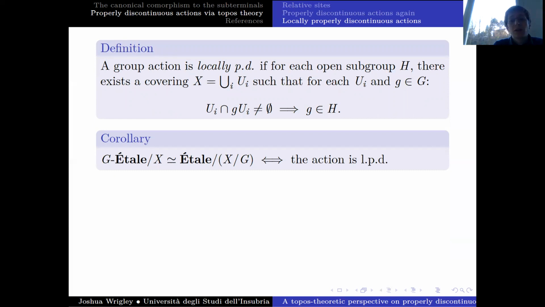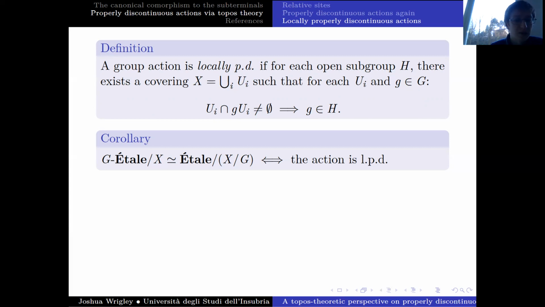Locally properly discontinuous is defined as: for each open subgroup H, there exists a covering of our space such that for each open in our covering and each group element g in our group, the open has a non-empty intersection with its translate only if g is contained in our particular open subgroup H.